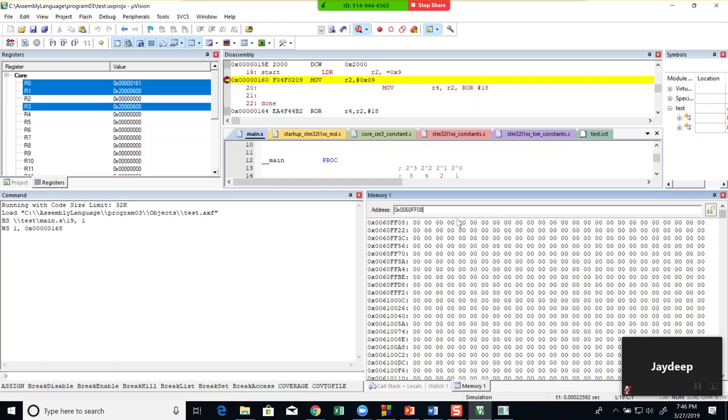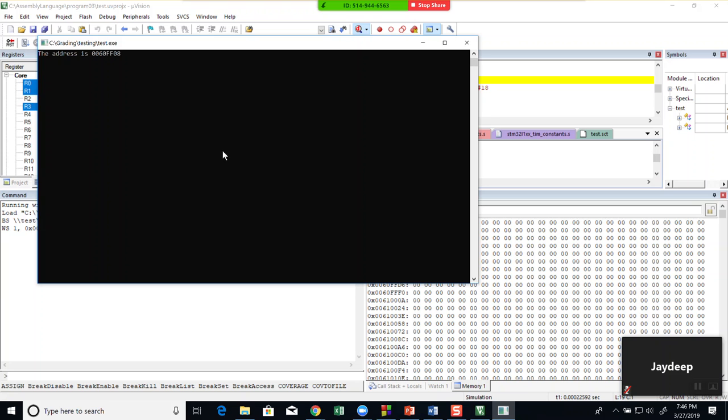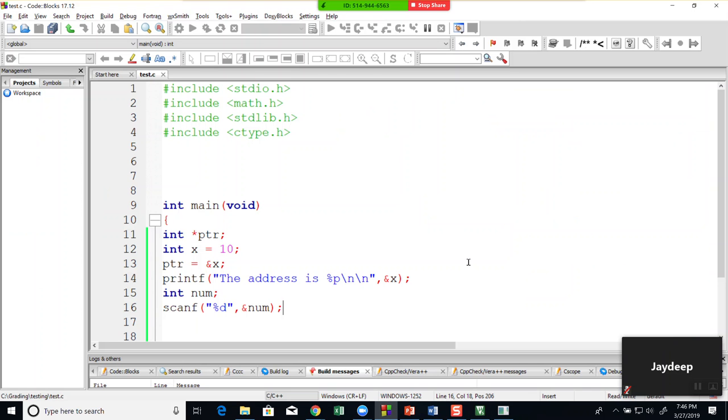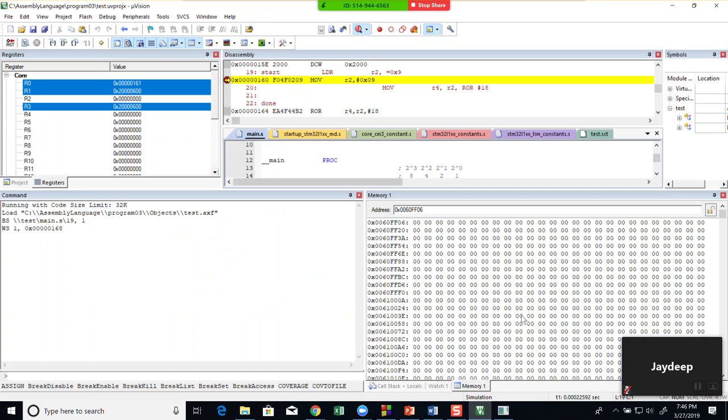Okay, so I went to that memory location. Let me go back one. See how, when I'm here, what I should see is the value 10 in that memory location. 10, remember, in hex is A, isn't it?